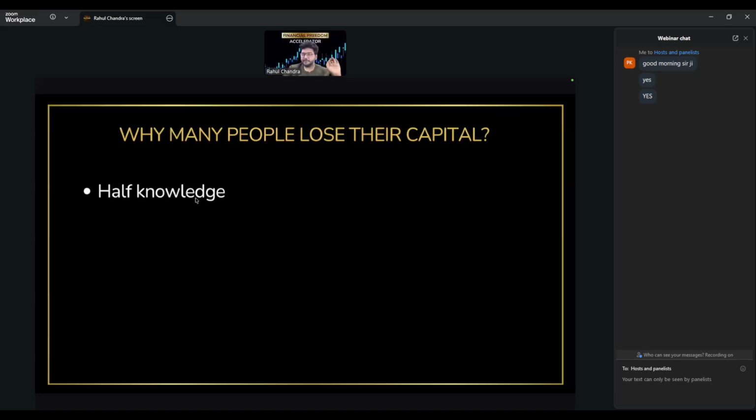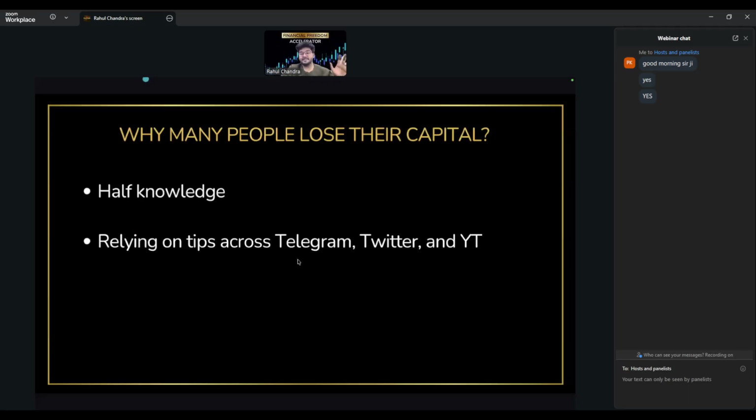There are a lot of options traders who were COVID babies. They would only do option buying, and it worked for them. They felt like gods. And then when the markets actually saw a shift in market structure, all of their money went to nil. So half knowledge. The other thing that I have seen: Telegram, Twitter, YouTube.